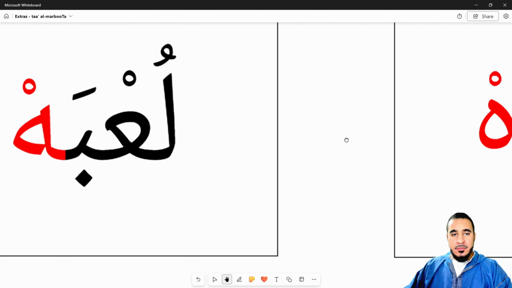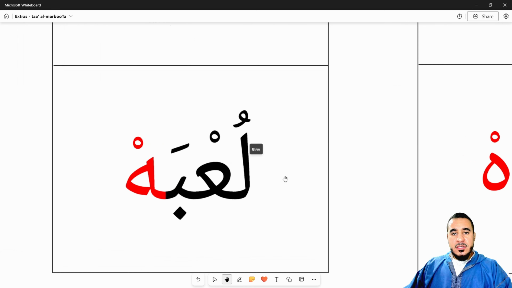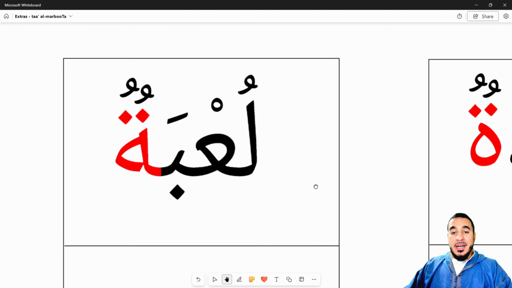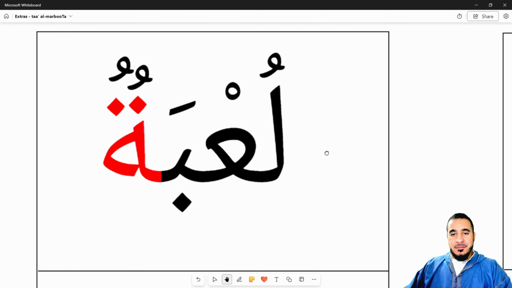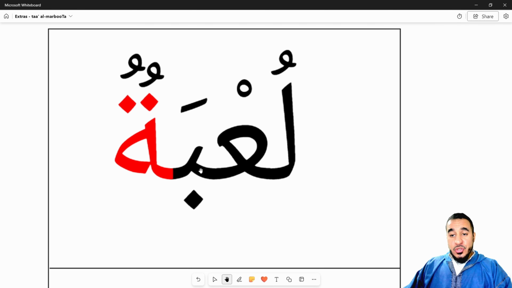Okay? And then we've got lu'bah or lu'batun. So, lu'batun, here, it's got the dhammatan. If it's not the last word in a sentence, we would pronounce whatever haraka comes with the ta al-marbuta. For example, lu'batun.